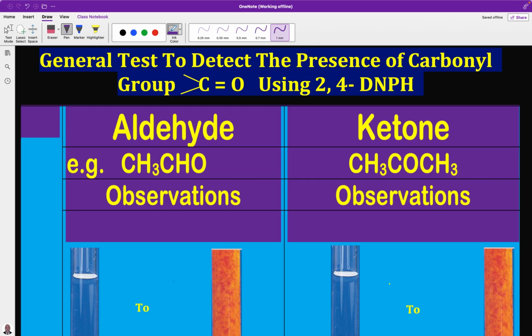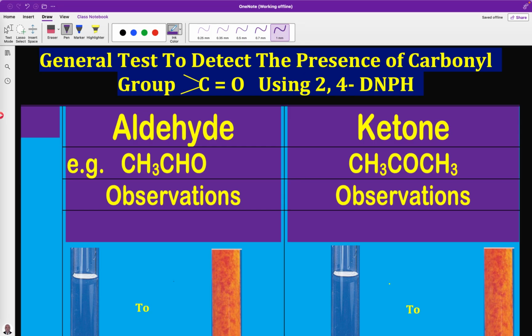When a solution of 2,4-dinitrophenylhydrazine in a mixture of methanol and concentrated sulfuric acid is added to, let me say, two test tubes.